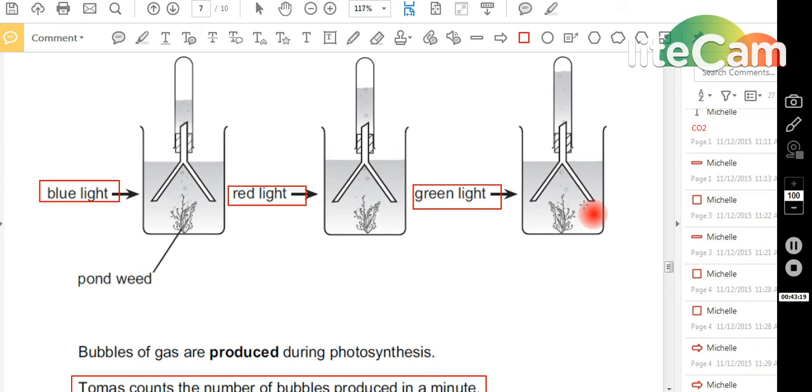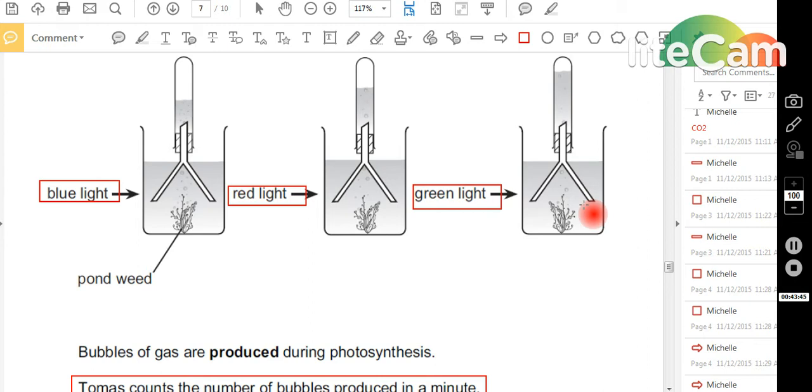Okay, so please make sure when you do these experiments, or when they ask you how you can improve on this, think about all the factors that could influence this process, photosynthesis. What are all the things that are needed for photosynthesis? Go and stabilize those. If this was pot plants, then you would water all the plants before the experiment and give them all the same amount of water.